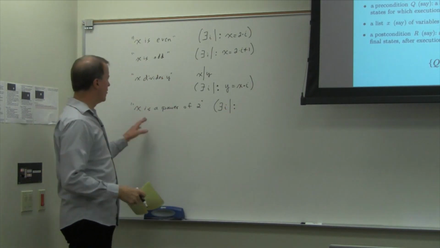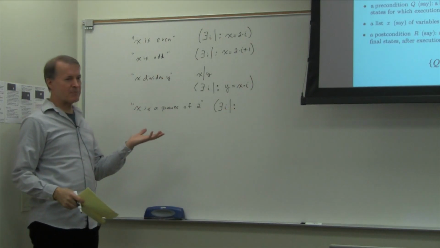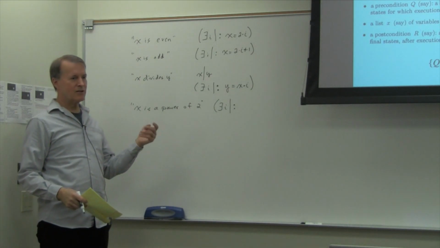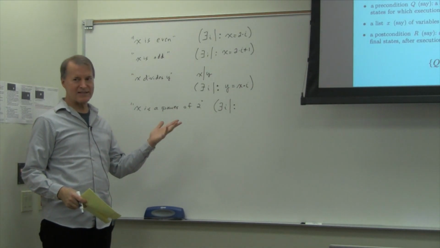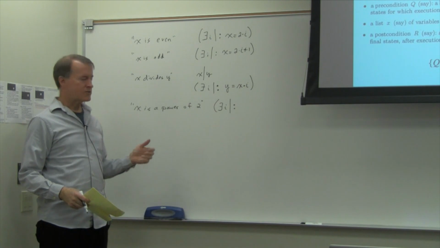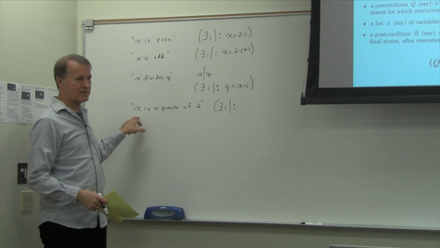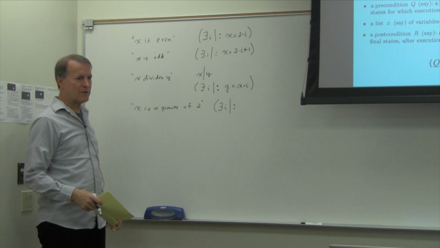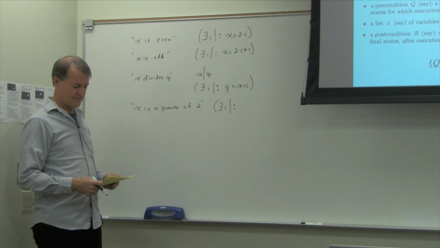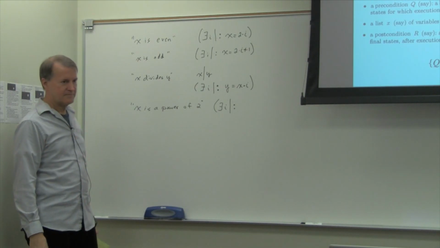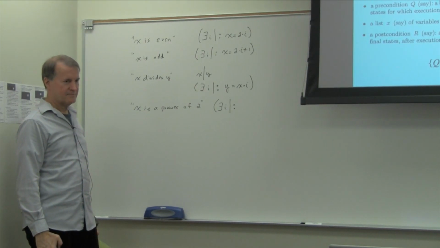So in order for x to be a power of 2, give me some examples of what values: 2, 4, 8, 16. X is a power of 2. So one possibility is 16 for x, to the power of i equals x.